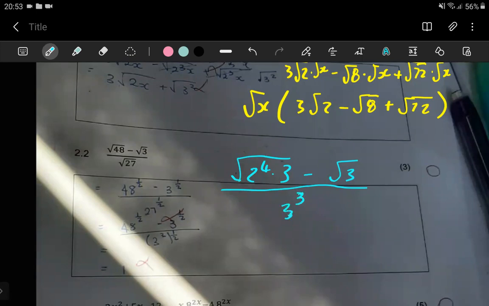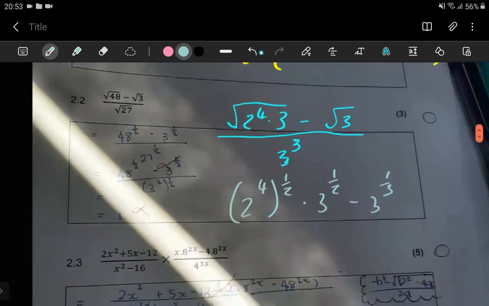And then let's carry on. So from here, remember we know that the square root here represents a half. And then now, at the top, it looks like we'll be able to take out 3 to the power half as a common factor.